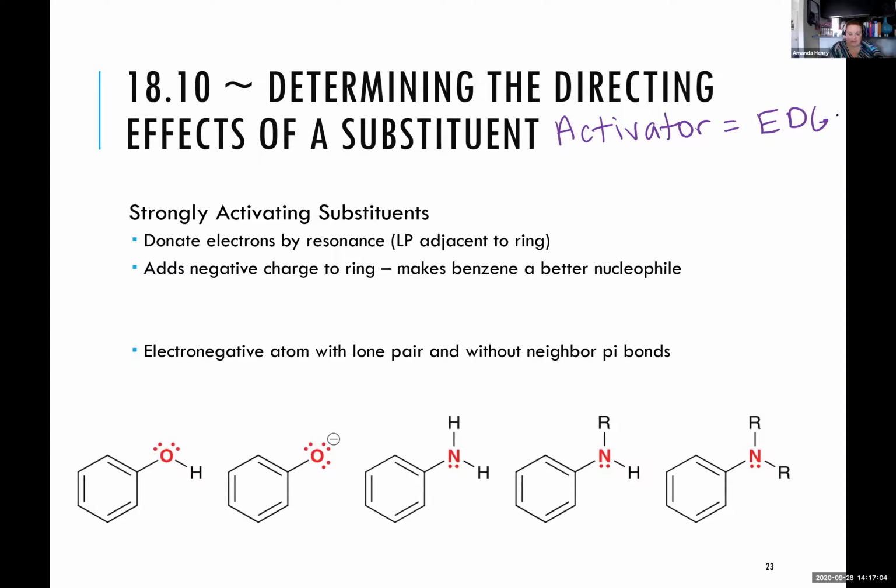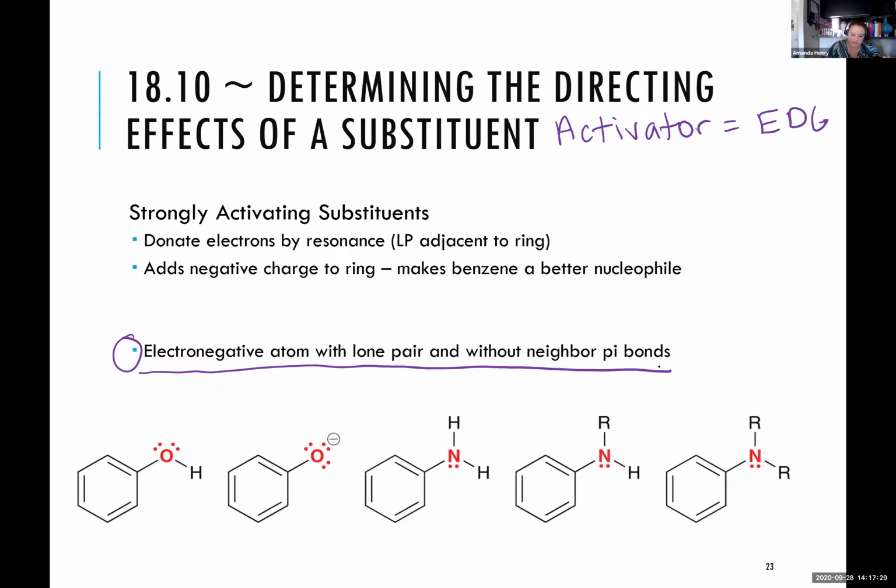That's what's on the bottom of the slide. We're going to give them kind of a generic description. So that's what's right here in the middle. And then for the activators, we're going to talk about how they donate electrons to the ring. And for the withdrawers, the deactivators, we're going to talk about how they withdraw the electrons from the ring.